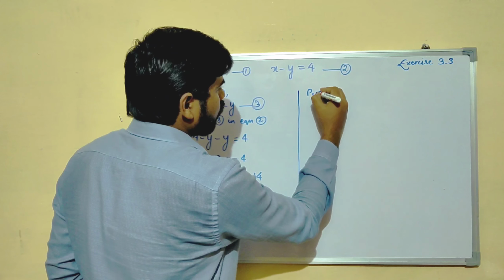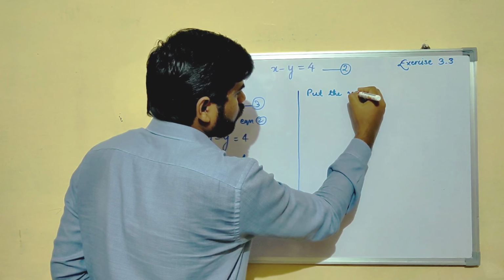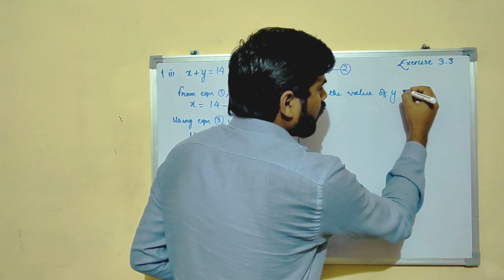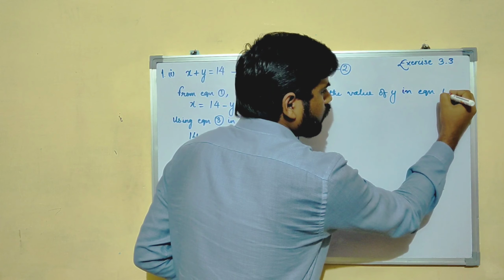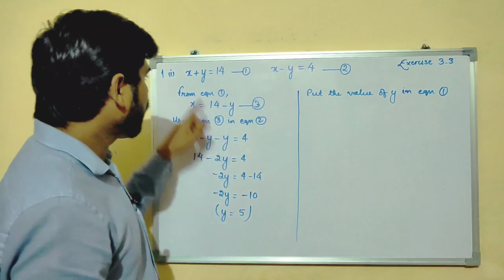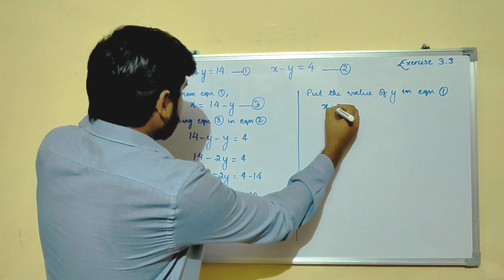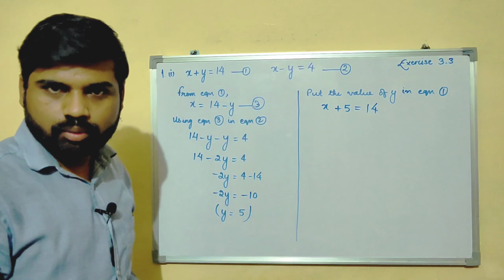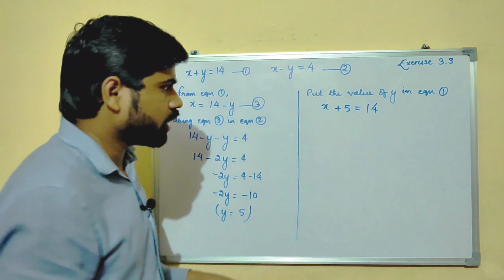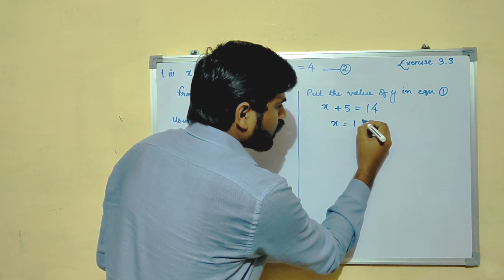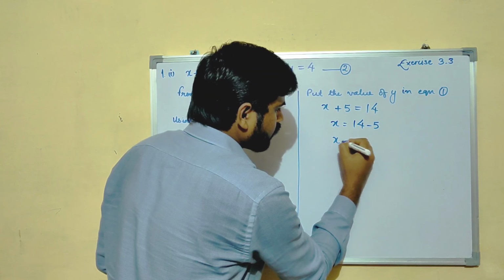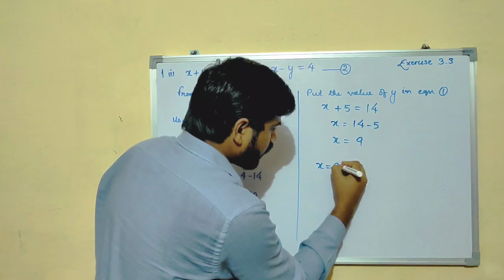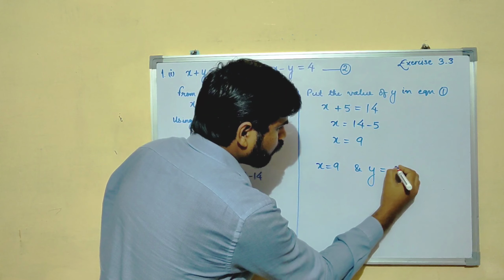Put the value of y in, let's just say, the first equation. So it will be x plus 5 equals 14, so x equals 14 minus 5. That means x equals 9. So your answers are x equals 9 and y equals 5.